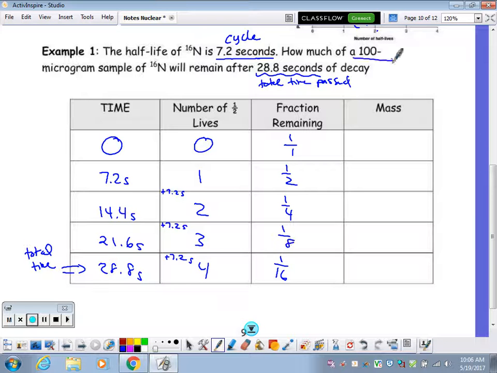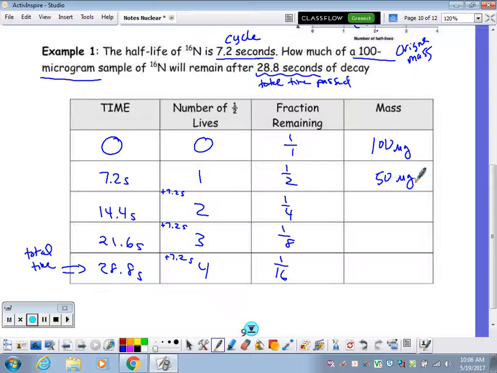So you could do some simple math, or you could do it right here. The original mass is 100, because that's what we start with, and we're filling in the chart. At the end of the first cycle, 1/2 of 100 happens to be 50, and we're using micrograms, so I should put in the symbols.